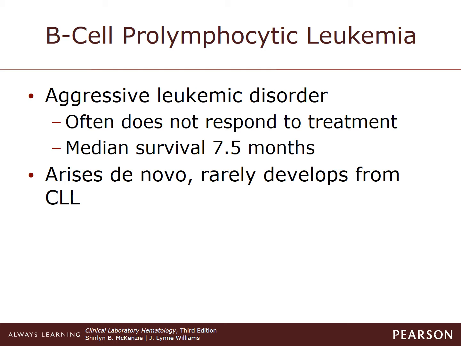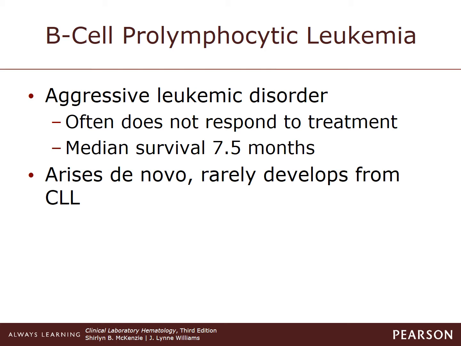B-cell prolymphocytic leukemia is very aggressive and rare, and it often doesn't respond to treatment. Sometimes it can arise on its own, and rarely it can develop from an initial CLL. The patient usually has a prominently enlarged spleen as well as very enlarged lymph nodes, and usually a marked absolute lymphocytosis above 300 × 10⁹ per liter, and here anemia and thrombocytopenia are present.